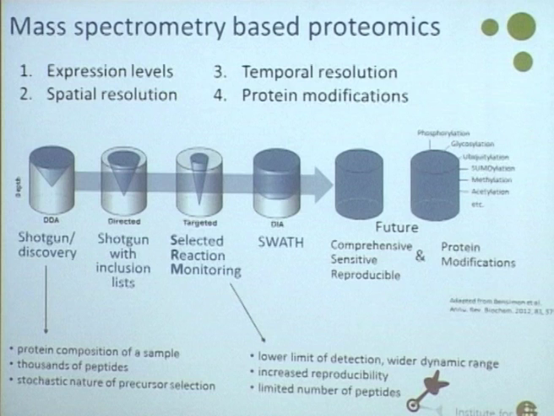And whether or not this technique will stay as it is or even morph into another technique is still yet to be seen. But the issue is that once we get to this component here becoming very comprehensive, we really get to see the whole of the proteome and not just the naked proteome as it is in terms of sequence, but we see all of the modifications that have occurred.